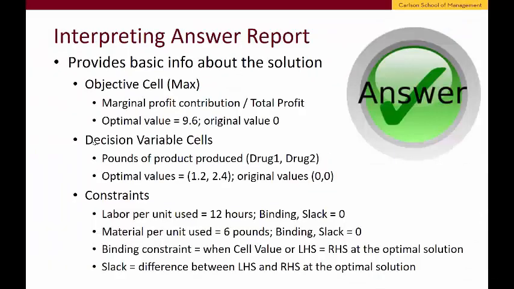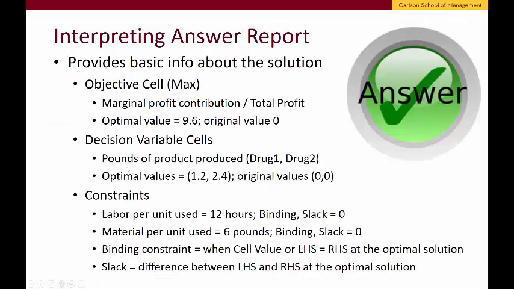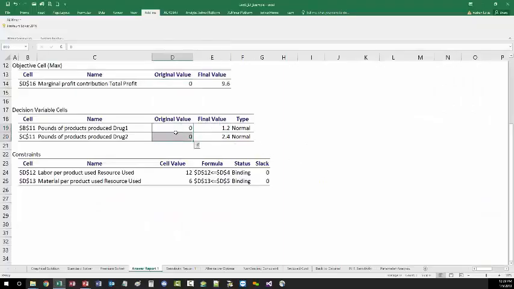On this slide is the basic info about the solution, where for the objective cell, the maximum of this total profit is the optimum value 9.6 with the original of 0. For the decision variable cells, the optimum values are 1.2, 2.4. The original value is 0, 0 for both of these right here.